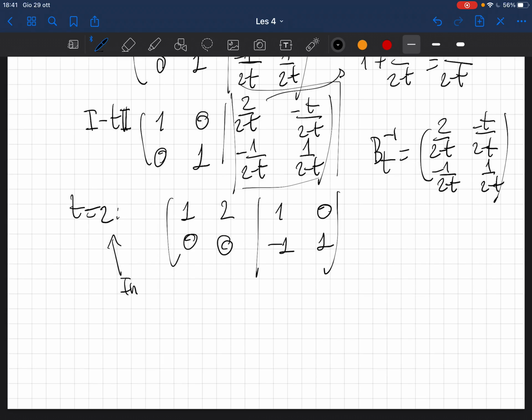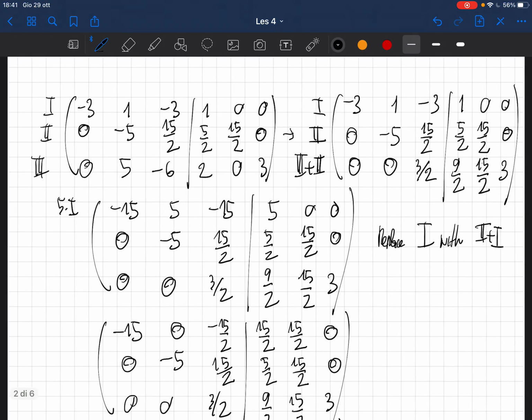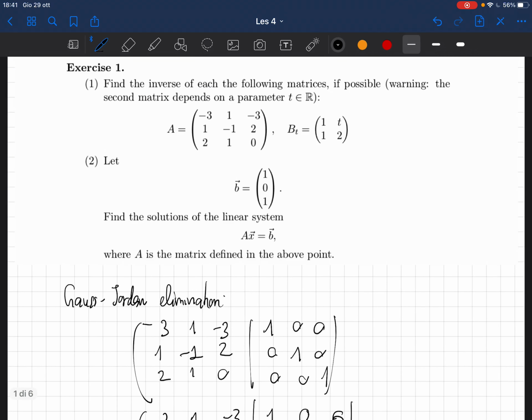So in this case, the matrix is not invertible. Very good. So we have something more to do.